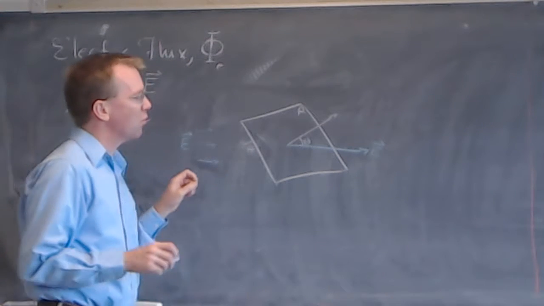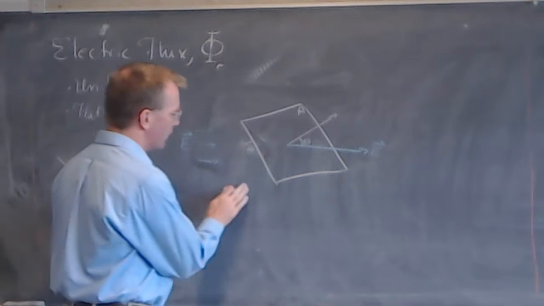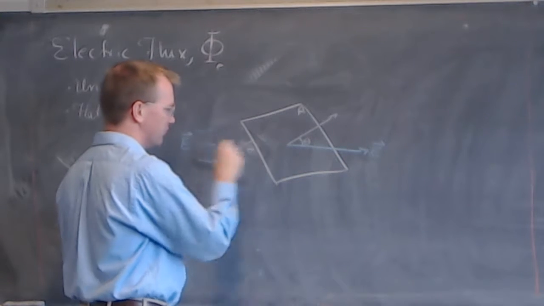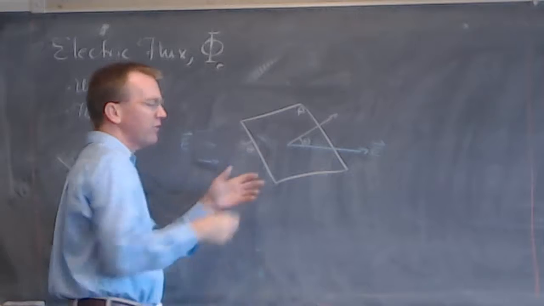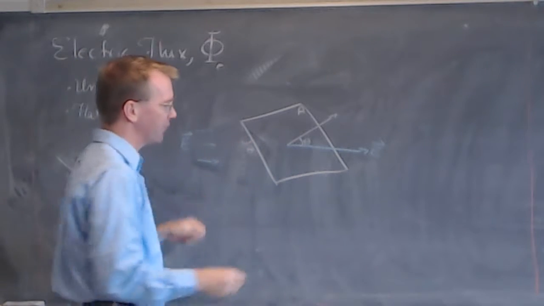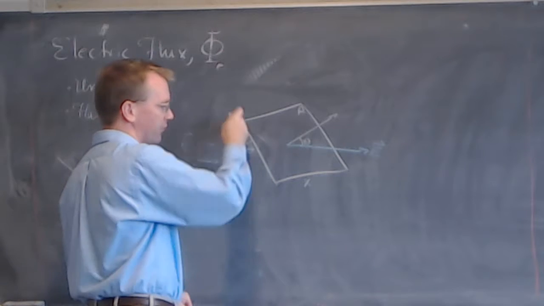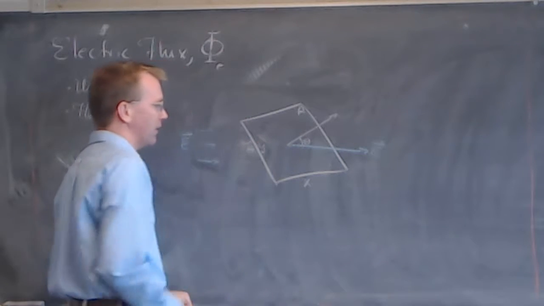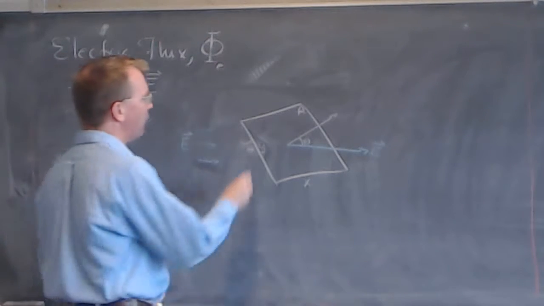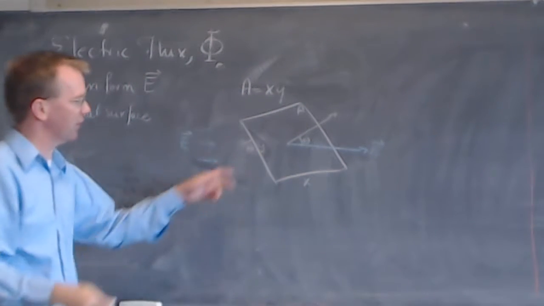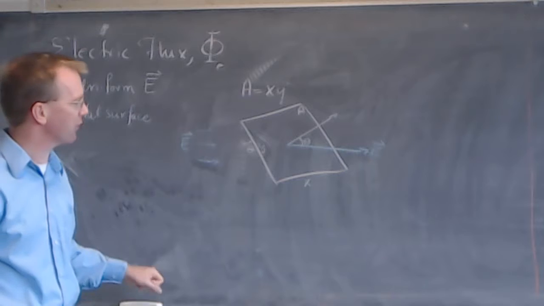Now, if I take a look at this, let's say that this area, this rectangle, has a width x, and this other dimension here, y. And so the area is just equal to length times width, or whatever I'm calling those two dimensions.